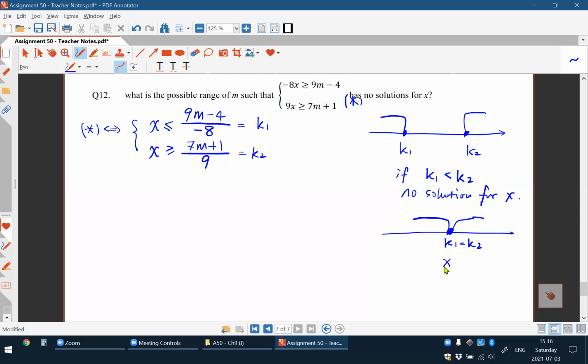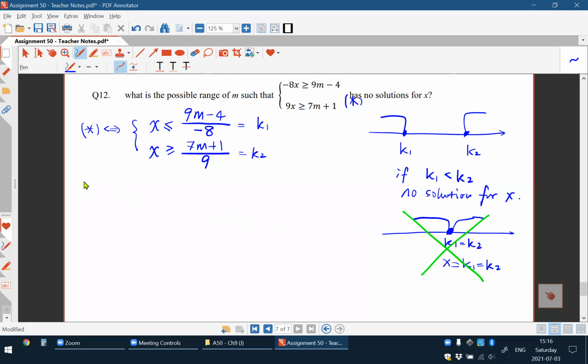This means the solution is x equals K1 or K2, right? So in this circumstance, there is a solution. So you can't include K1 equals K2 in your reasoning, right? In other words, when K1 equals K2, there is a solution for x. So we don't include this situation, right?